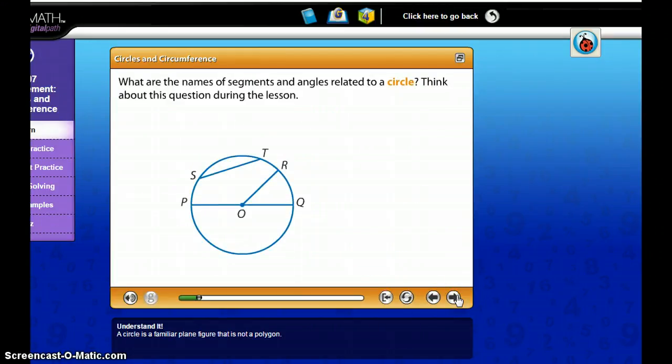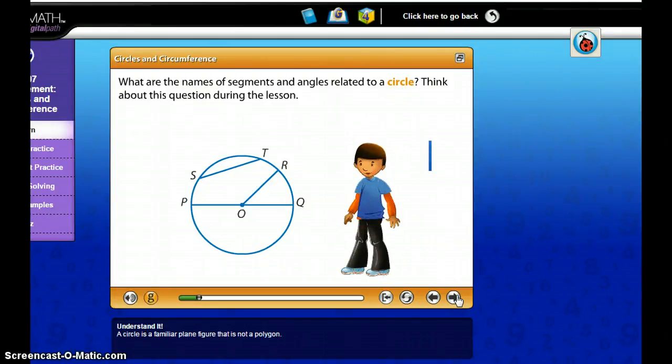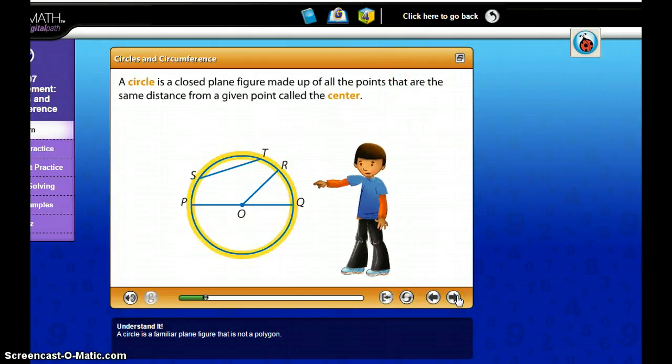What are the names of segments and angles related to a circle? Think about this question during the lesson. A circle is a closed plane figure made up of all the points that are the same distance from a given point called the center.